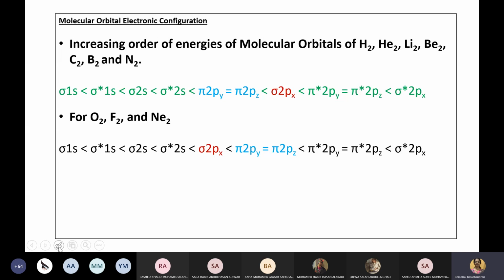Oxygen to neon, you have to do the other one. What's the difference? The blue one is behind, the red one is early. So oxygen, fluorine, neon. You need to memorize this order. You just fill. And this one up to nitrogen, you just fill. Okay. Thank you, doctor. Now it's clear for you? Yes. Then now.